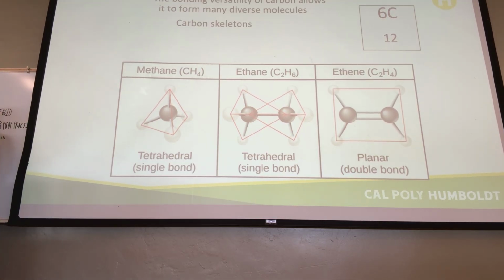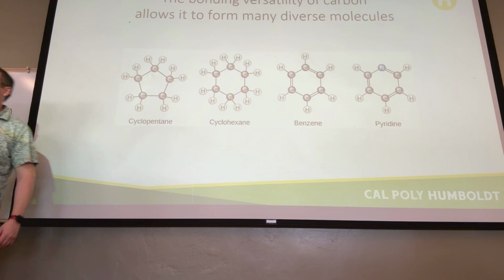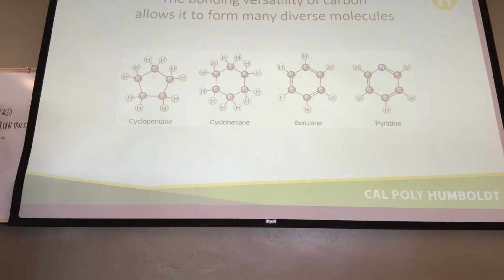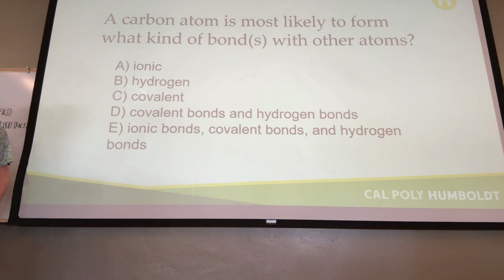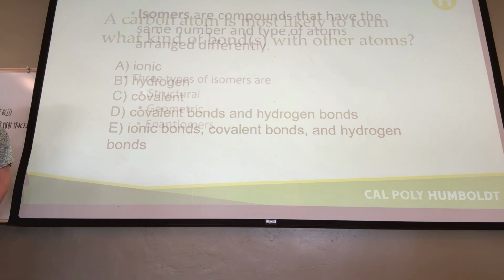And yeah, it can participate in double bonds. It can make all sorts of things. The bonding versatility lets it make a bunch of diverse molecules. Cool. All right, let's not worry about this. It's covalent bonds. It's most likely to form covalent bonds.